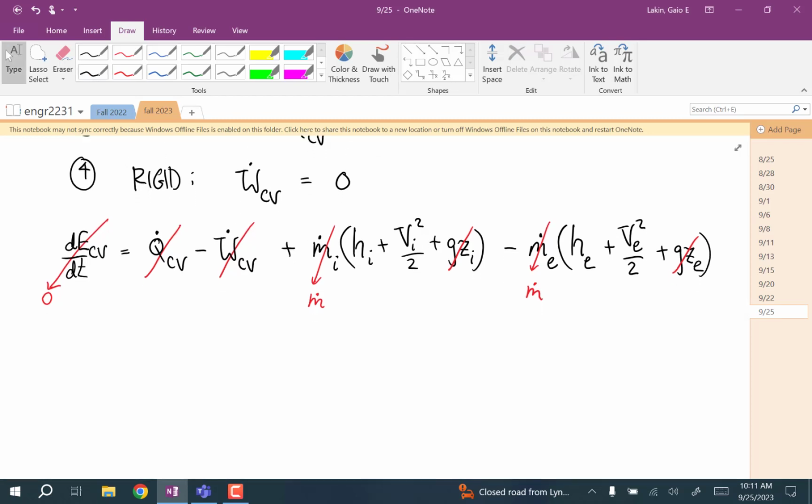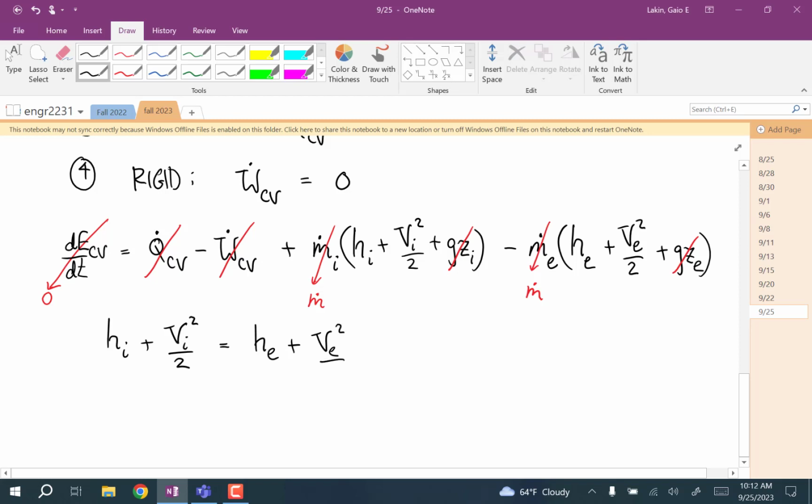And so the form that we end up with is h_i plus V_i squared over 2 is equal to h_e plus V_e squared over 2. Okay, so that's the final simplified form.